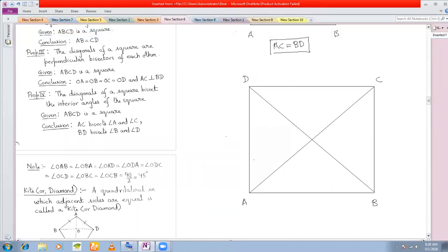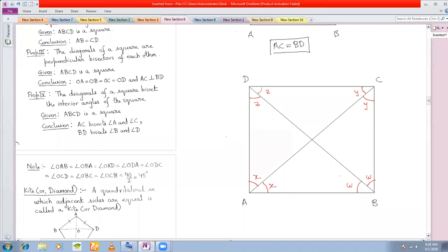That is, these two angles must be equal. Let's say these two are equal. These two angles must be equal. Also, you can say these two angles will be equal. Also, these two angles will be equal, in the case of a square.